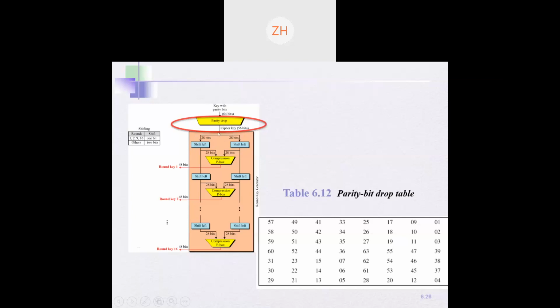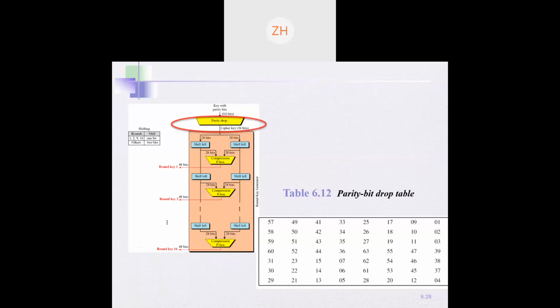But overall, before we have the 56 bits, we have to go through the parity drop table. So what's inside the parity drop table? As you can see, for the block size just now, we did the expansion table.